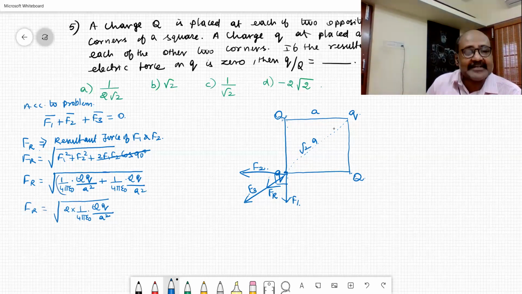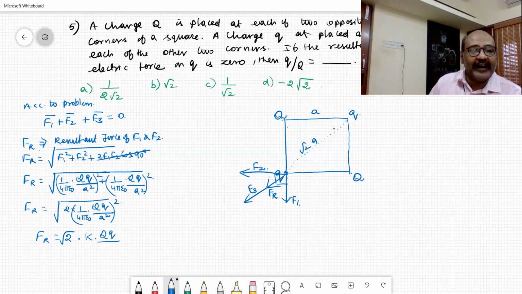For this one square and for this one square, so 2 times the square of this value. So Fr equals root 2 times this value, because when I take the square root I get this. Instead of 1 by 4 pi epsilon 0, I am putting a constant capital K, then capital Q into small q divided by a square. Let us take this as equation number 1.